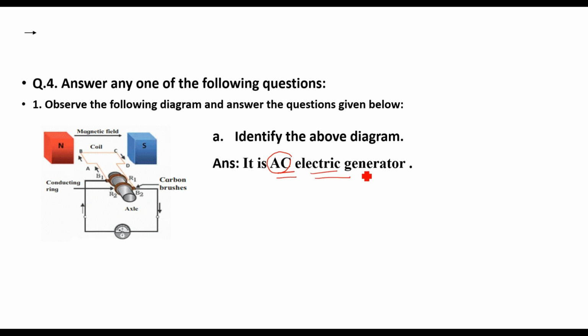This is the proper term required to answer this question. Only AC, or only generator, will not get the marks, because here we are using slip rings where one rotates clockwise and the other anti-clockwise, and therefore it is an AC electric generator.